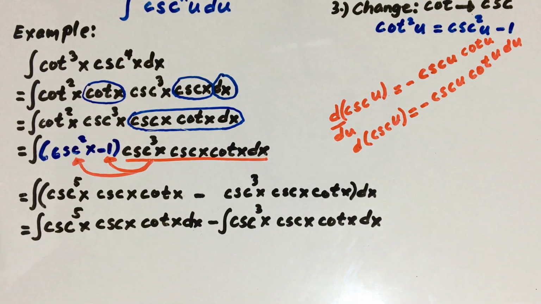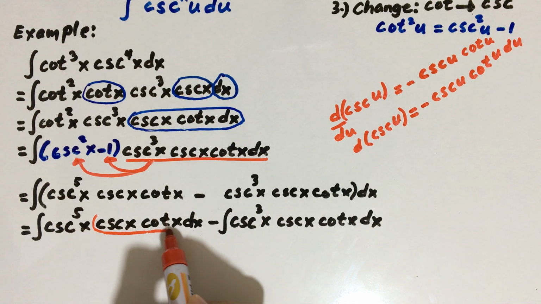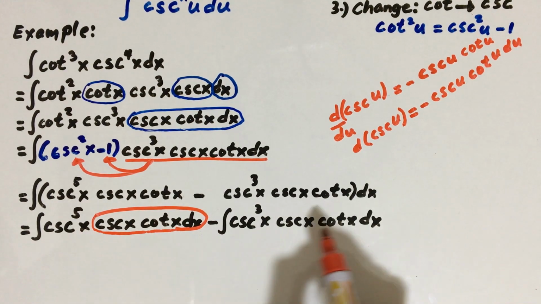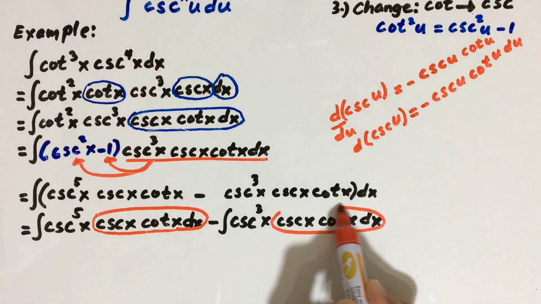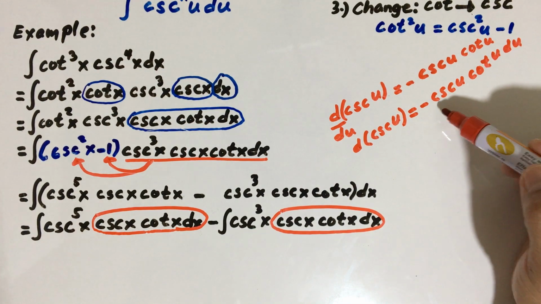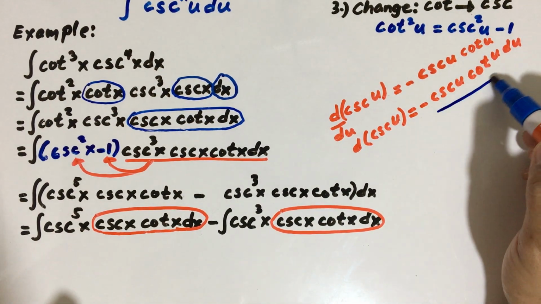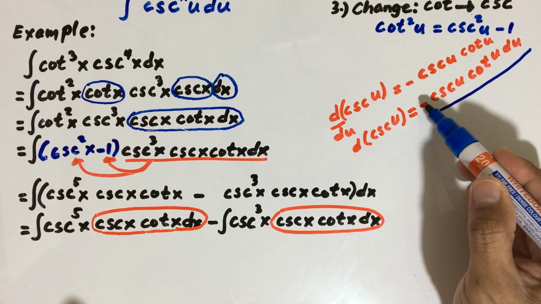Now if you look at the expression in our first term, we have this term cosecant x cotangent x dx, and also in the second term, we have cosecant x cotangent x dx. So it follows this format, right? Only that we have a negative here.